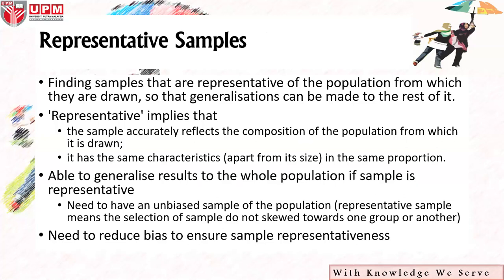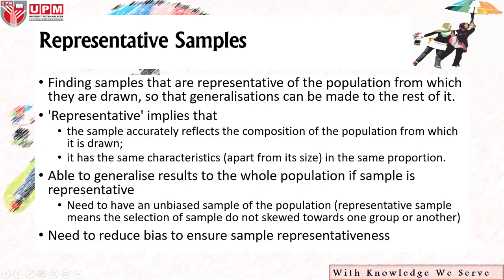Okay, so representative sample. So findings that are representative of the population from which they are drawn so that generalization can be made to the rest of it. Kalau sampel kita tu representative, barulah kita boleh buat generalisasi kepada populasi. Representative means the sample accurately reflect the composition of the population from which it is drawn.